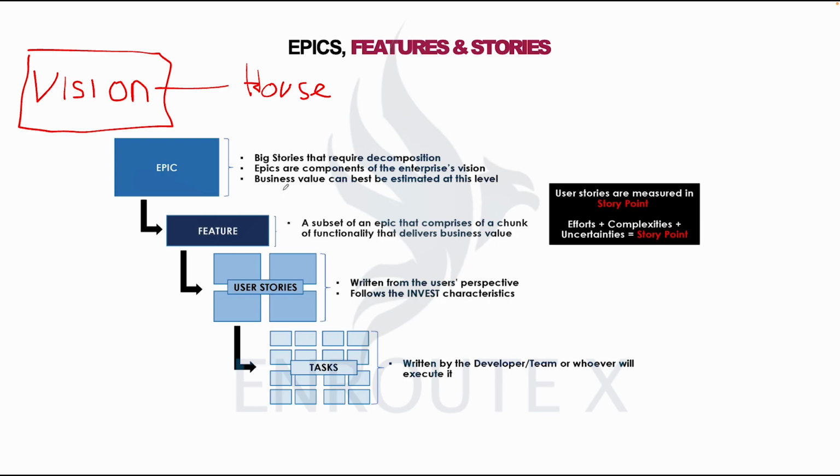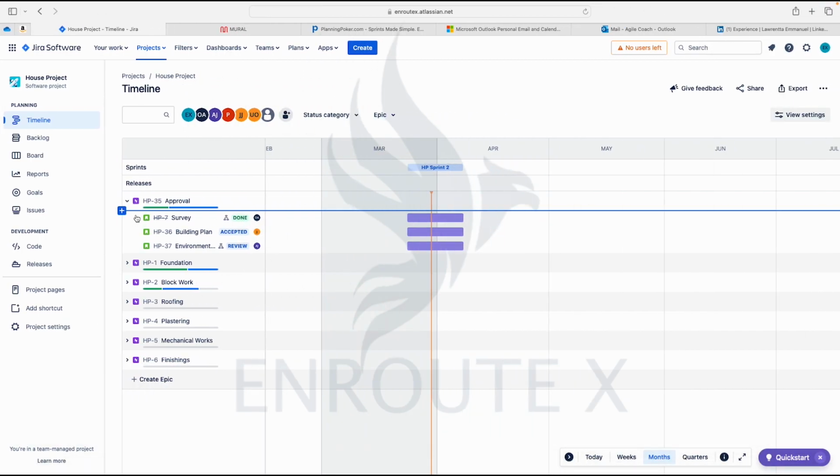And for epics, the business value can best be estimated at the epic level. Meaning, what is the value of approval? What is the value of foundation? So that value, when we go further and get into prioritization, we see how it comes into play.